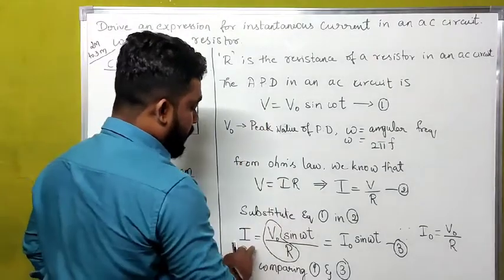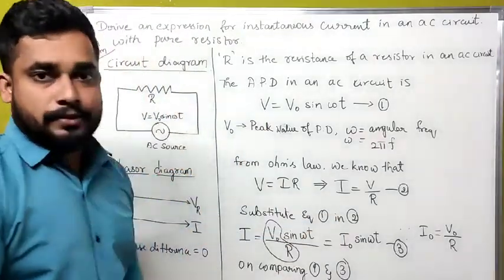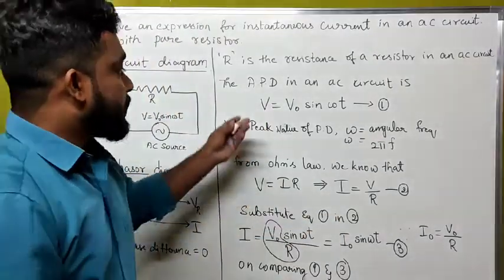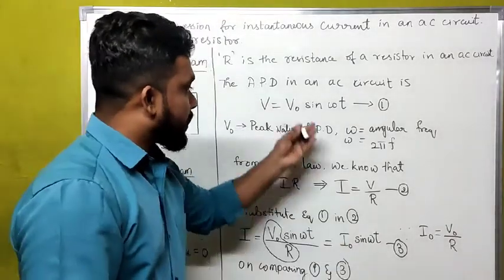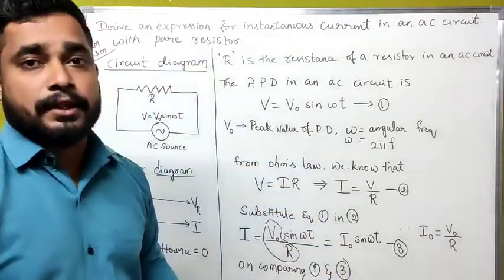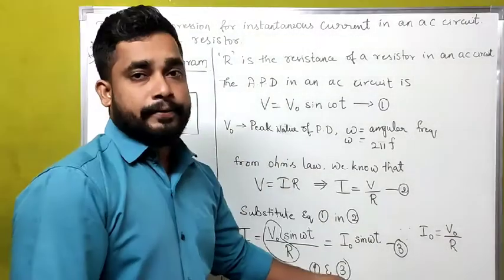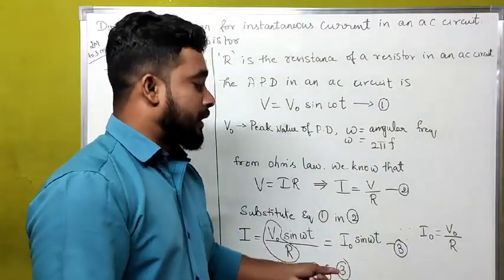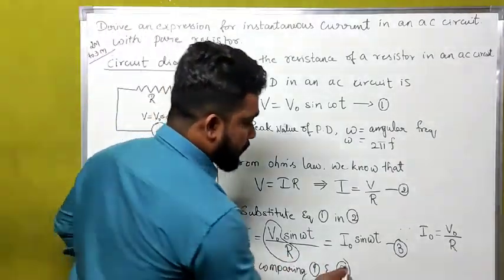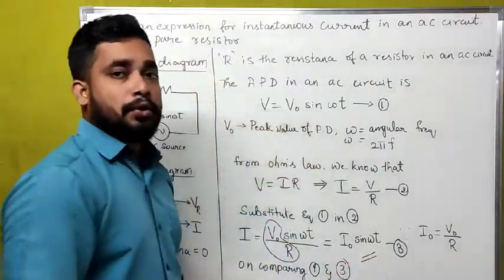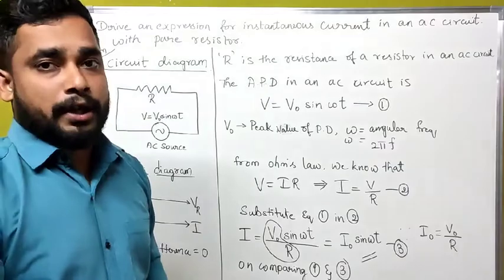Both voltage and current are in phase. By looking at this expression, we can easily say that both voltage and current are in phase. This is our last step: I is equal to I naught sin omega t.